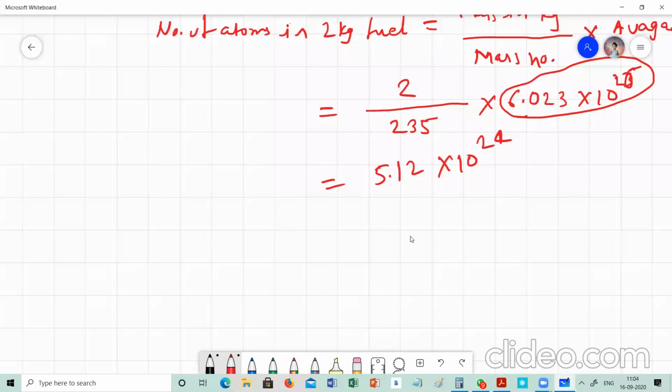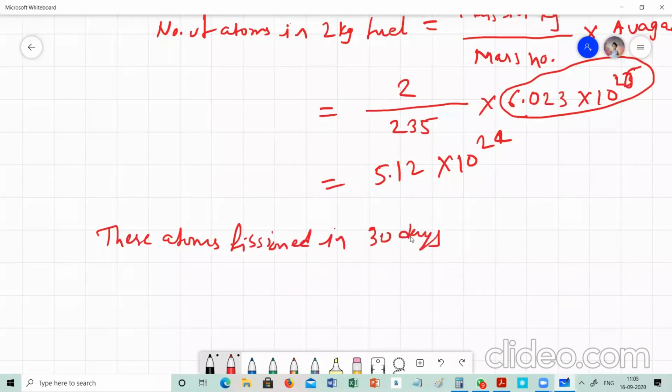Okay, these atoms fissioned in 30 days. Therefore the fission rate, okay, fission rate means what?